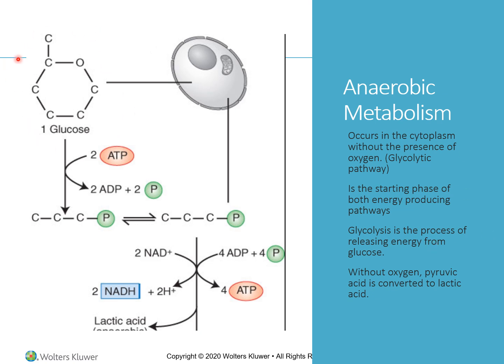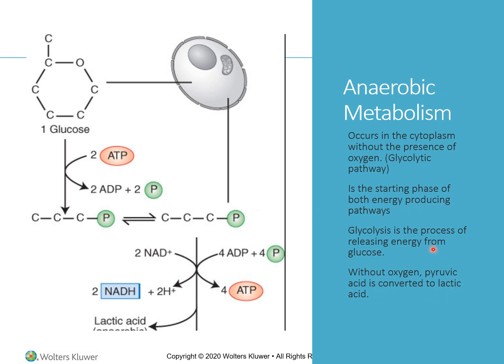So here you see my little glucose molecule. It's a 6-chain carbon molecule, and we start to break that down. And that breakdown does require the use of some energy. So you see that here, my little ATP, it uses 2 ATP to produce or to break down that glucose, okay?